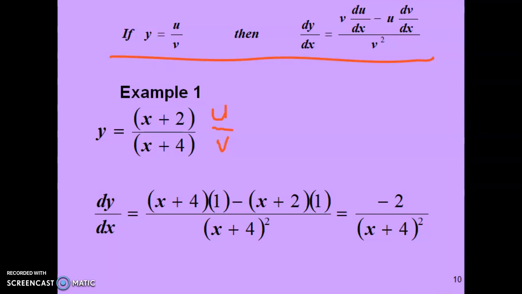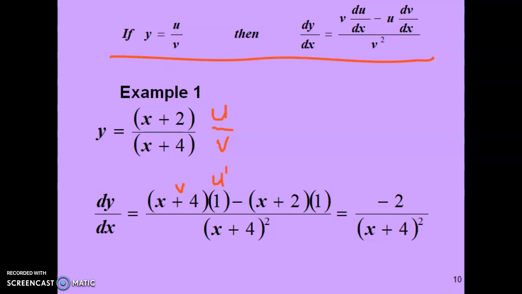So we said denominator first, v. u prime is du dx.